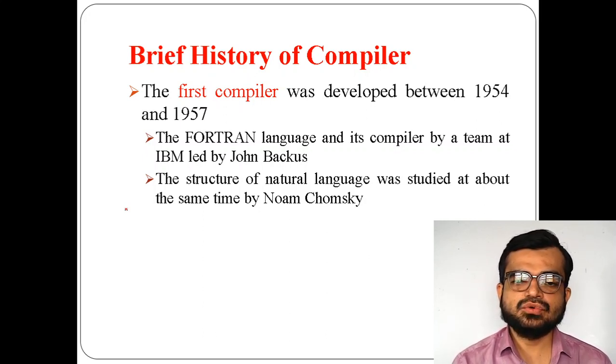This is the person who actually worked on natural languages and grammars, because previously they hadn't started working directly on the compiler, but worked in phases. You can see the structure of natural language, because they needed to know what this natural language is and how its structure works.